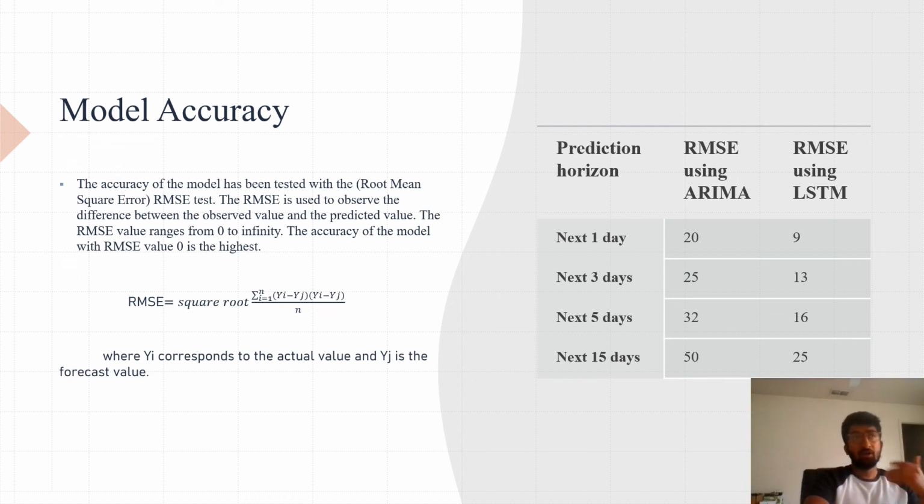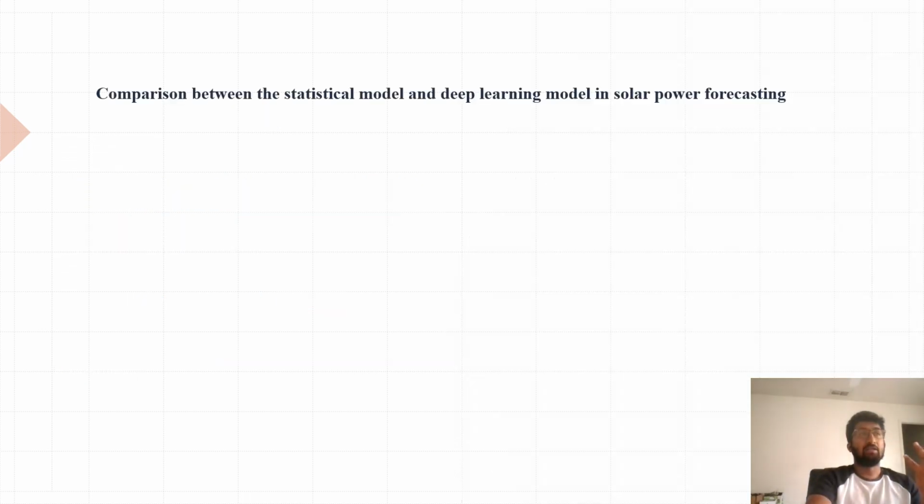Using the Arima model, for the next 1 day it was 20%, and for the LSTM it was 9. Up to the next 15 days the RMSE is 50 for Arima and 25 for LSTM. So this is the model accuracy using Arima and LSTM.